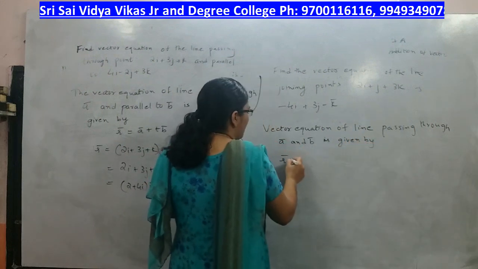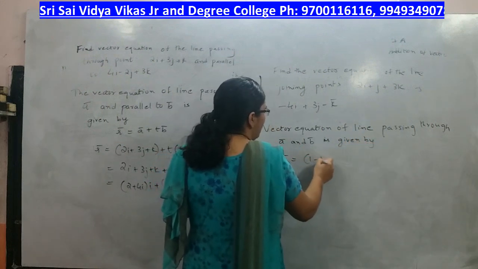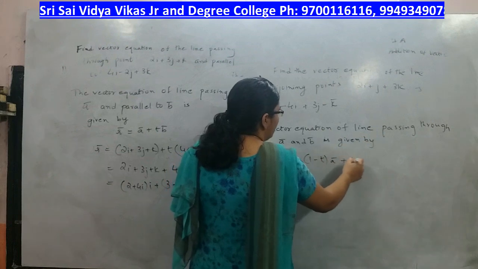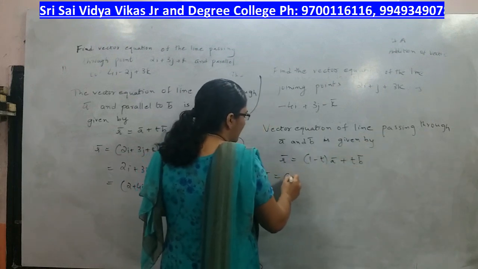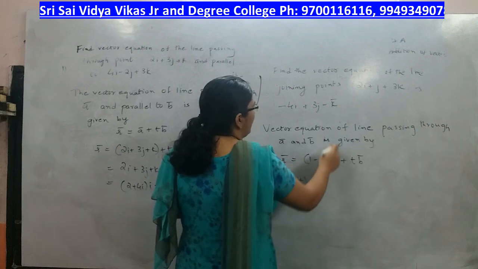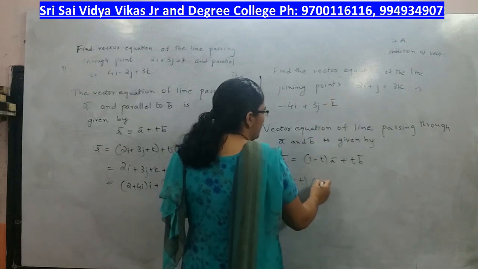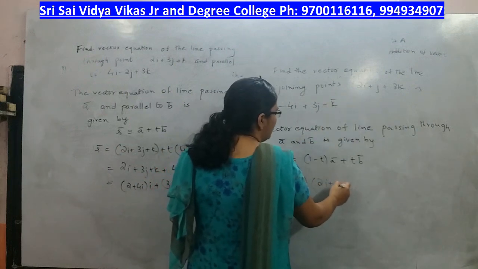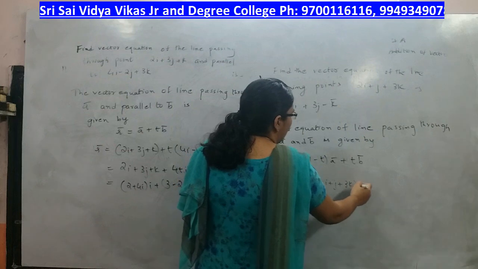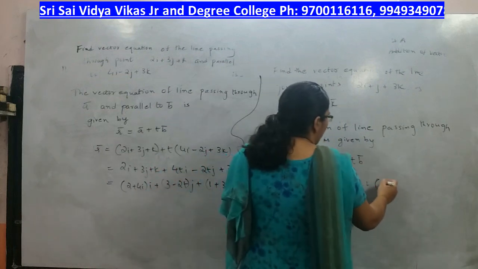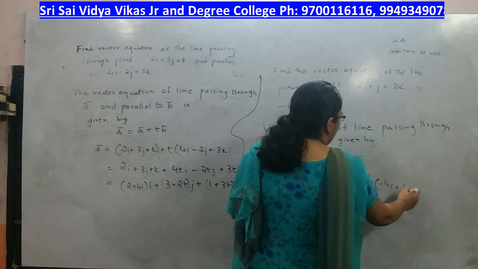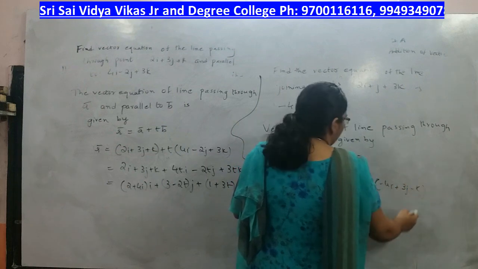R bar is equal to (1 minus T) A bar plus T B bar. So this is R bar is equal to (1 minus T). What is A bar? A bar is the first vector, that is 2i plus j plus 3k, plus T into the second vector, minus 4i plus 3j minus k.